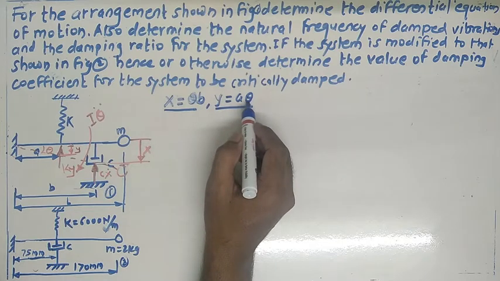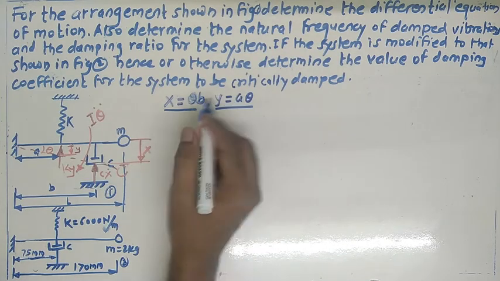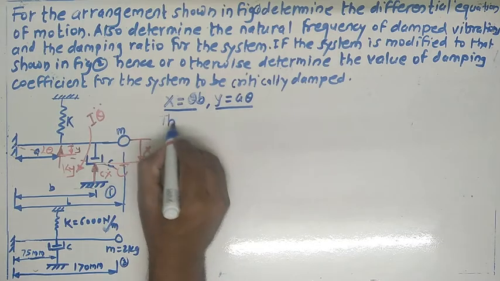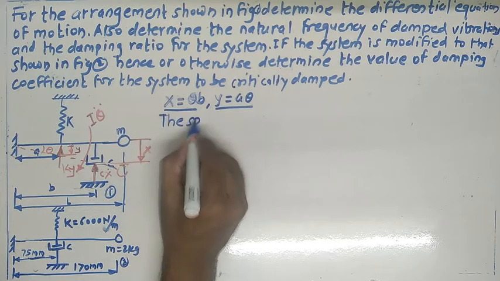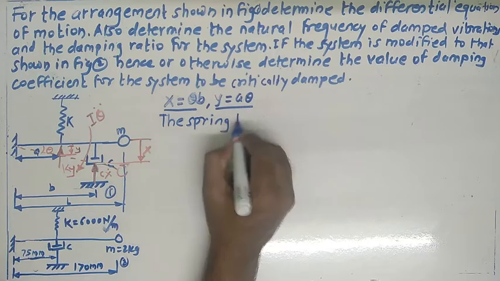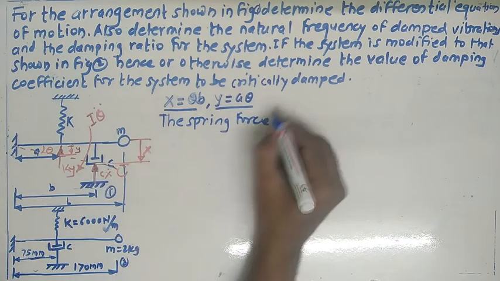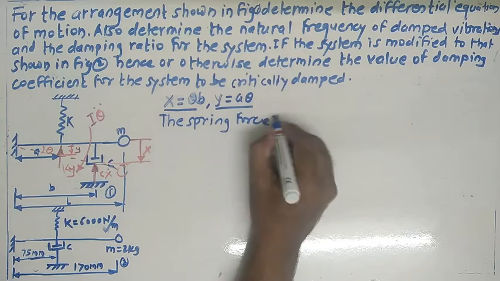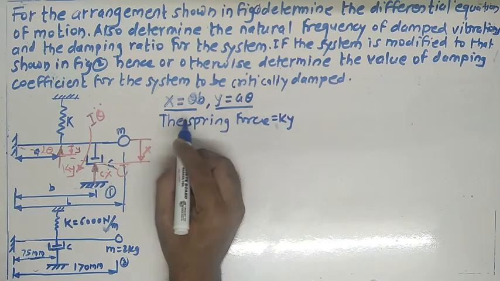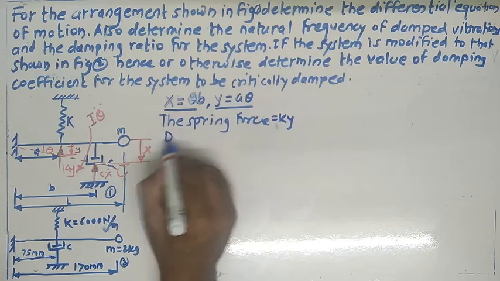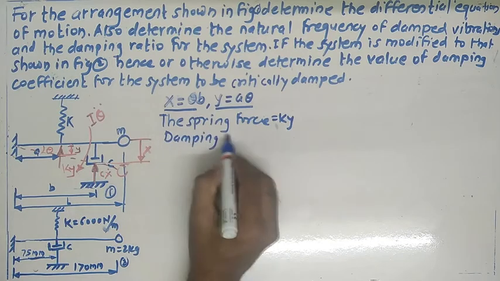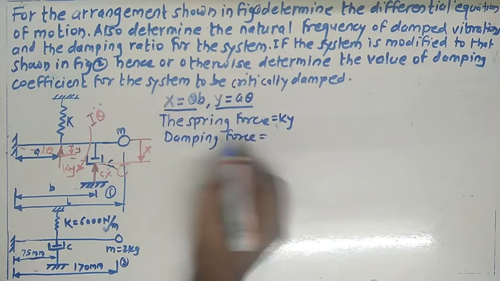Now what about the spring force? We have already seen that the spring force is k multiplied by y. And the damping force is c multiplied by x single dot.